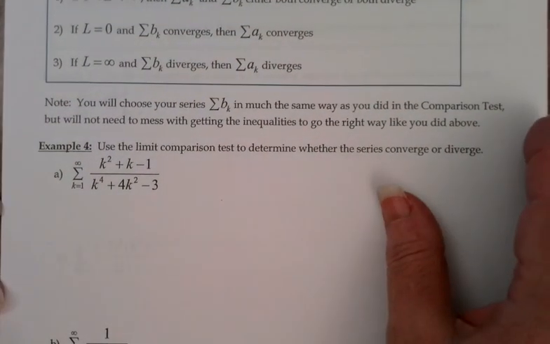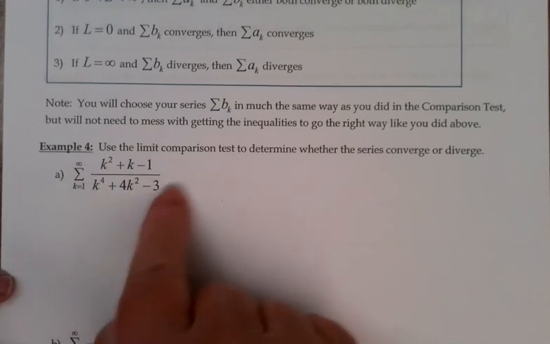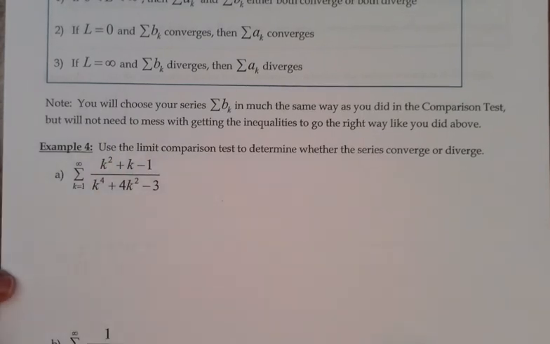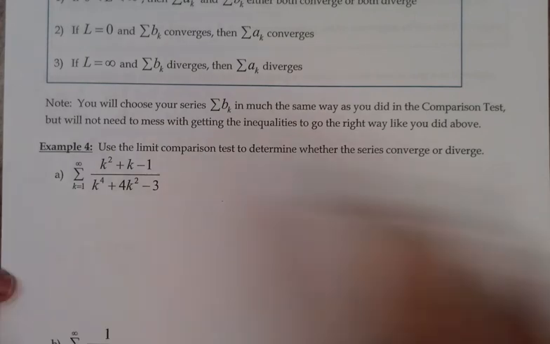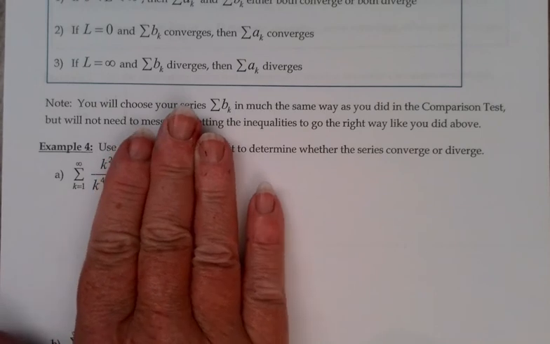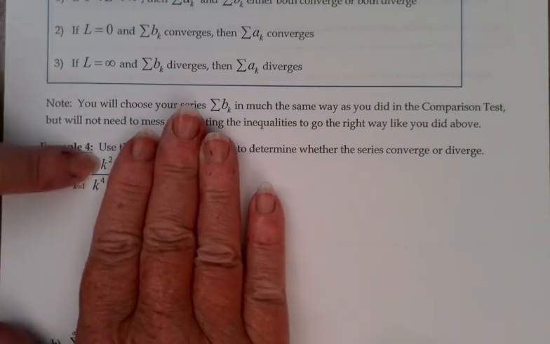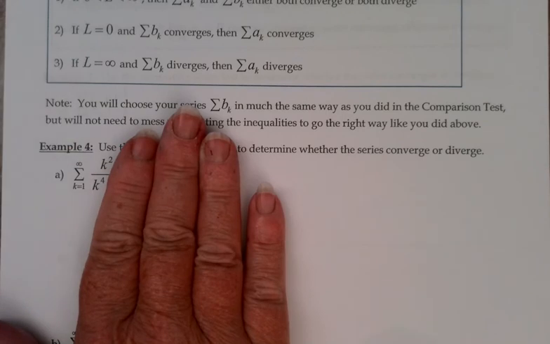So, let's take a look here at a couple of examples. In example 4, I've got the series that adds up a whole bunch of algebraic fractions. I know in my head that this fraction is really governed by the highest power in the top and the bottom. So in my head, I'm kind of thinking, just look at the k squared over k to the 4th. That would simplify as 1 over k squared.